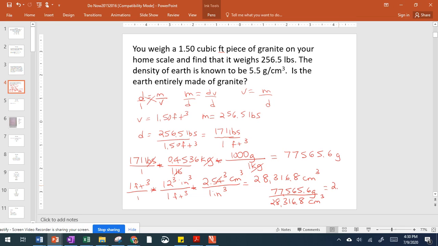And since we have 3 significant figures with 1.50 and 4 with the pounds, we're going to go with 3 significant figures. So that's going to be 2.74 grams per centimeters cubed. Now you notice this is different from the density of Earth. This disproves our hypothesis that the Earth is entirely granite.